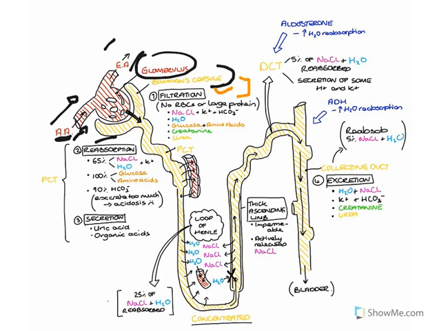In filtration, everything in the blood will get into the tubes except RBC and large proteins. So inside the filtrate we have sodium chloride, water, glucose, amino acids, creatinine, and urea.